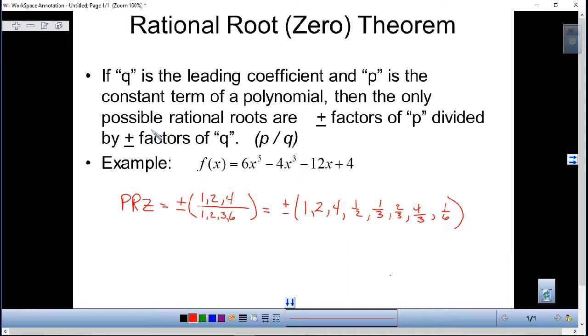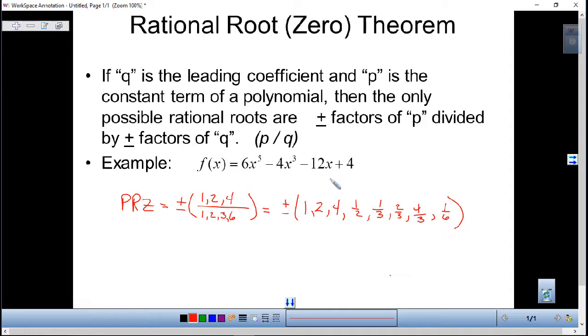And those are going to find only the rational roots. If you have complex roots or irrational roots, this will not find them. How are you going to find imaginary or complex in that list right there? It's not there. But if you have rational roots, this thing will find them.